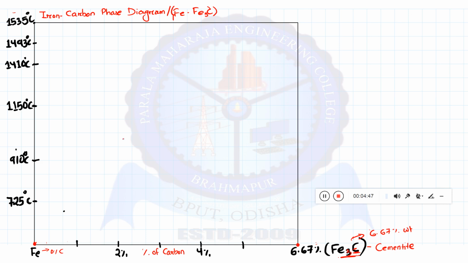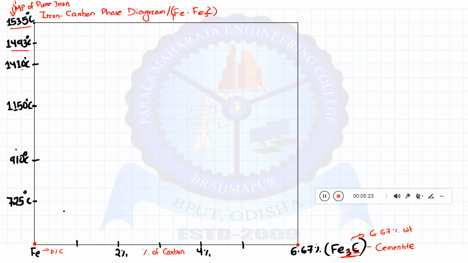Now on the y axis we have all the important temperatures, starting with 1535 degrees Celsius, which is the melting point of pure iron. Understood? Okay. Then we have 1493 degrees Celsius, where the first invariant reaction, the peritectic reaction, takes place.